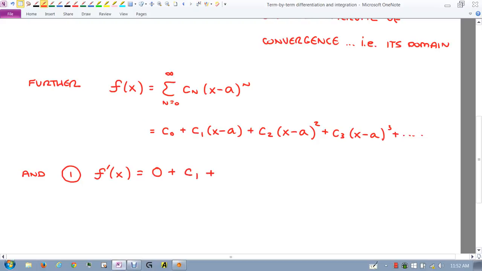Plus, okay, now the next one. We have C2, which is a constant. We have to take the derivative of x minus a squared. So chain rule, right? 2 comes out, power comes down. The 2 is going to hit the C sub 2. So it's going to be 2 C sub 2 x minus a to what power? First power.